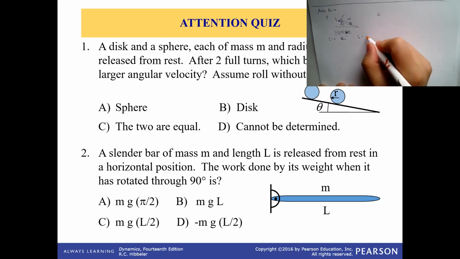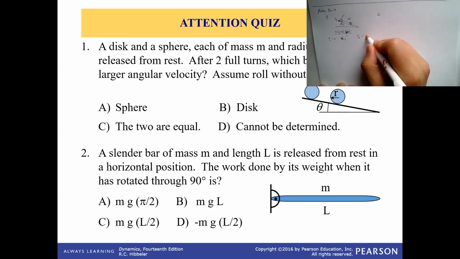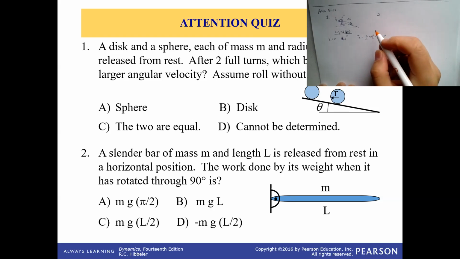T2, the final kinetic energy: we should be thinking about rotational kinetic energy as well as the translational kinetic energy. So it's 1/2 m vG squared plus 1/2 I G omega squared. And because it doesn't slip, vG is equal to r times omega.